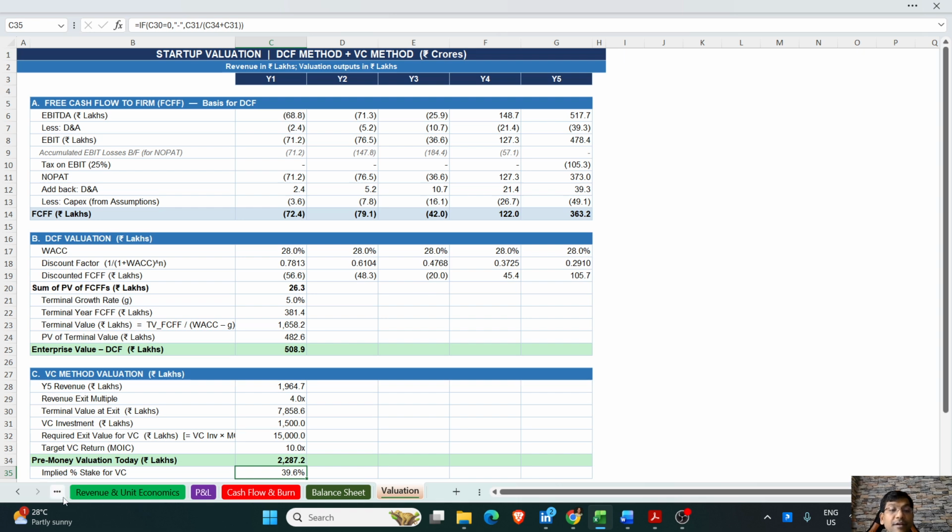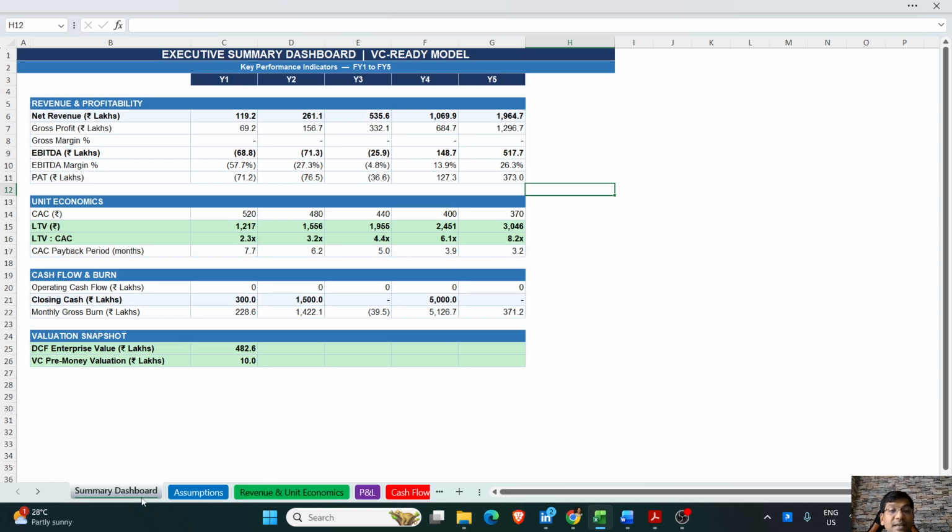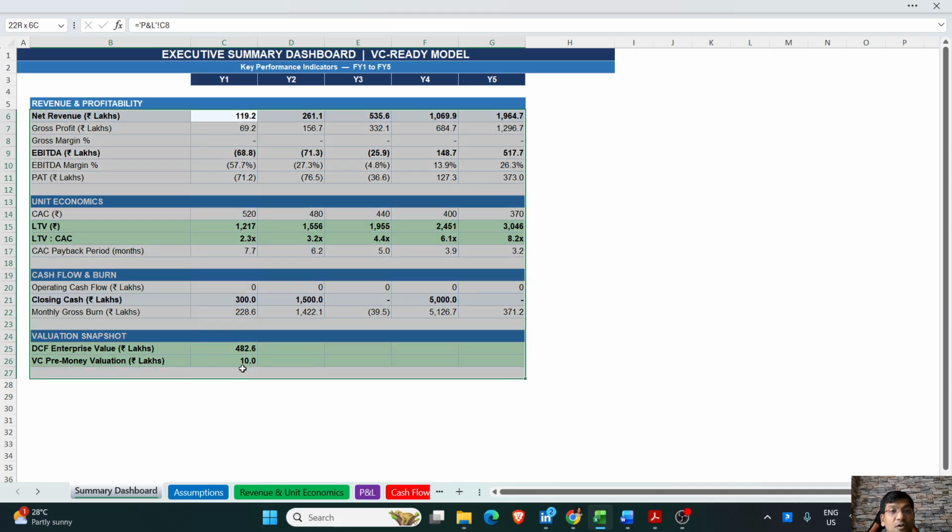So here what we started off with was a very basic summary dashboard, and so we could also build the whole thing in terms of a dashboard here in terms of KPIs.